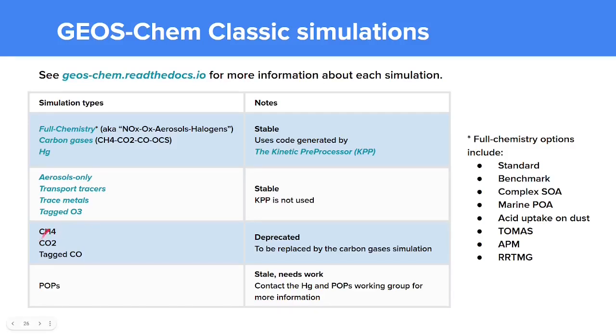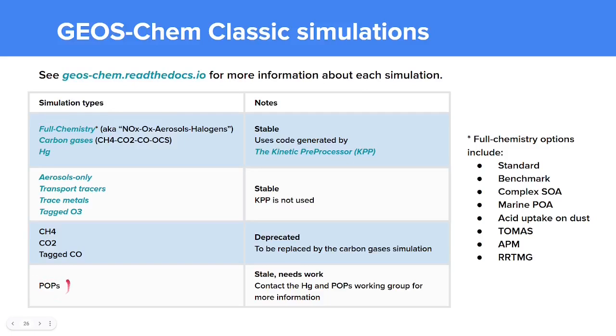Some simulations, which are listed here, the standalone methane, standalone carbon dioxide, and the tagged carbon monoxide simulations, are deprecated. These are slated to be replaced by the carbon gases simulation, which now incorporates all of these species. So these individual simulations are slated to be removed from GEOS-Chem at a future point.